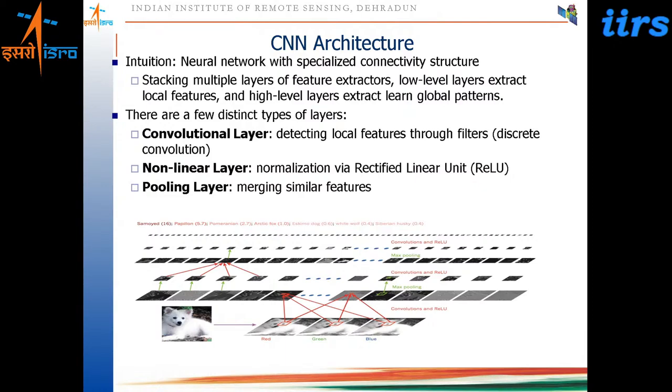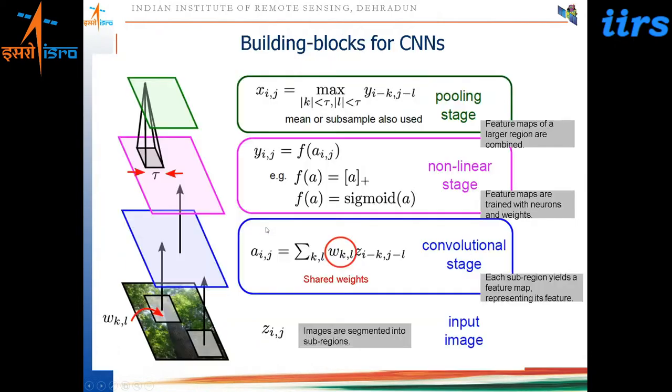So mathematically, this is basically a normal architecture. It can be represented as: first image segmentation, meaning creating small pieces of the information, the small windows.